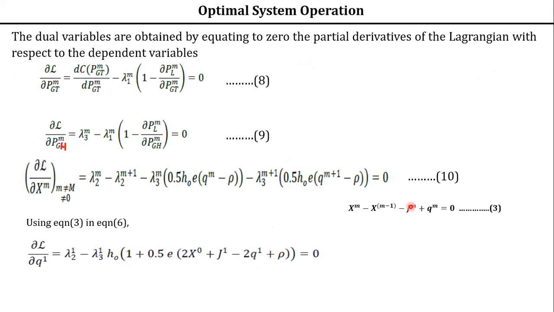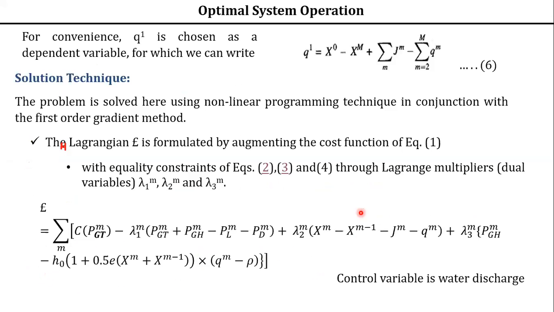Substitute that, then take the partial derivative with respect to it. So you are going to get this equation, ∂L2/∂Q1, using equation 3 in equation 6. Understood? Then take the partial derivative. Again, use equation 3 in this equation.